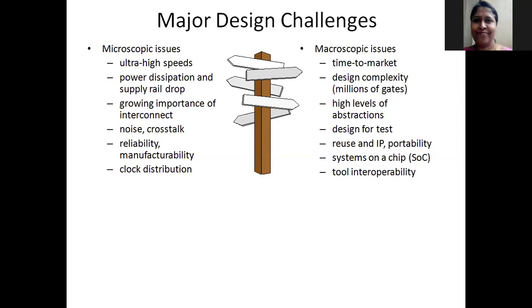So we need to consider the complexity, how many millions of gates we can accommodate, what the different levels of abstraction are, how we do the testing, whether we can use the same chip design again and again, whether we can combine multiple systems on a single chip, and whether we can combine multiple tools used to design the IC into one platform.